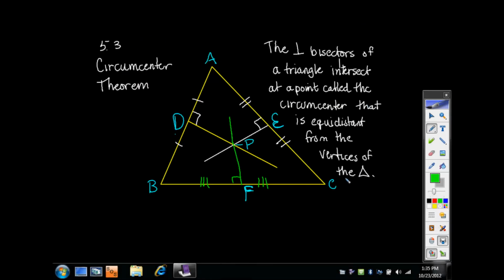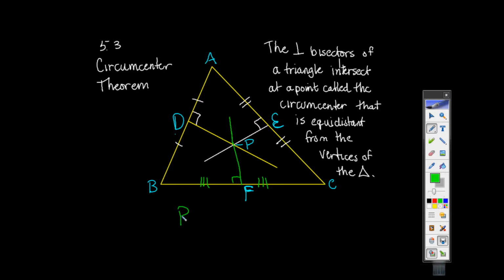The perpendicular bisectors of that triangle intersect at the point called the circumcenter, that's P, and it's equidistant from the vertices. So what that means is PB is equal to PA is equal to PC.